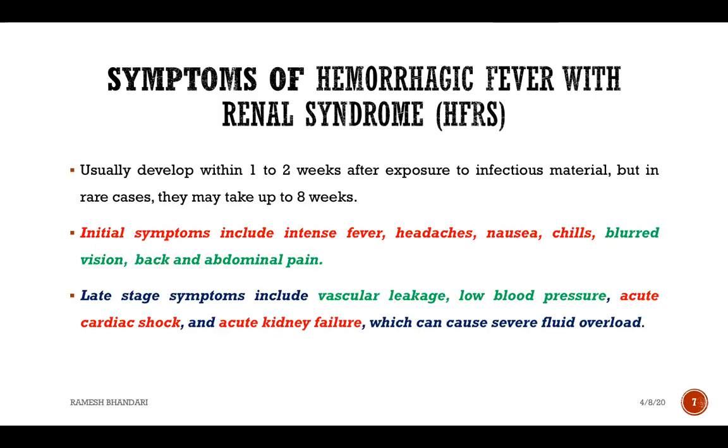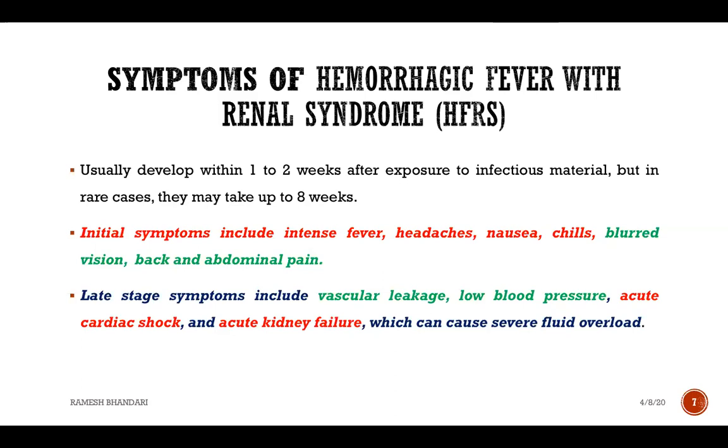Again, I am going to repeat it: during hemorrhagic fever with renal syndrome, in the initial stage the person will develop fever, headache, nausea, chills, blurred vision, and back and abdominal pain.